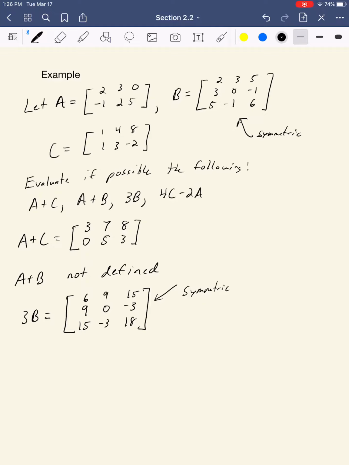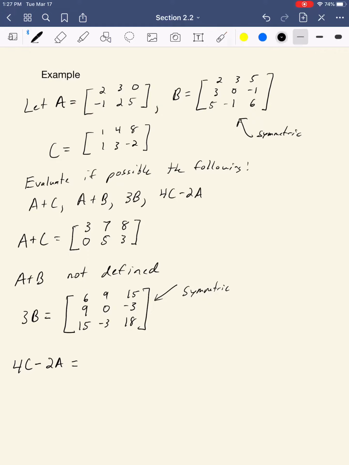All right, let's take a look at our last operation here, 4C minus 2A. Well, is this going to be well defined? We can look ahead and realize that 4C is going to be the same size as C, so it's going to be 2 by 3. And of course, negative 2A is going to be the same size as A, so it is going to be well defined.